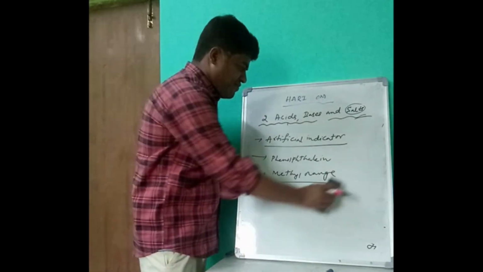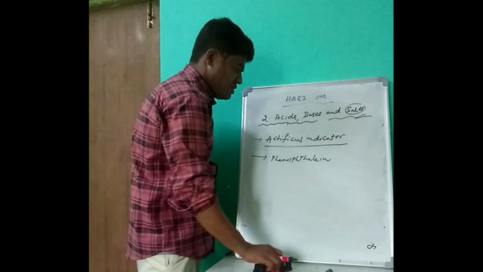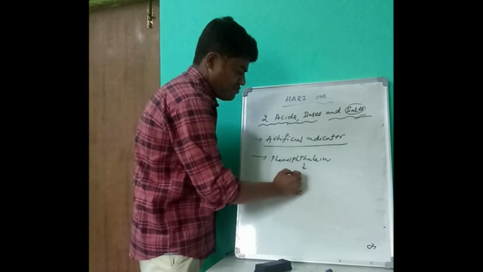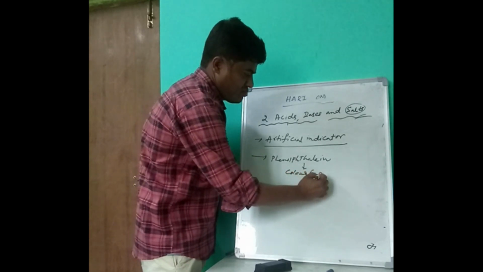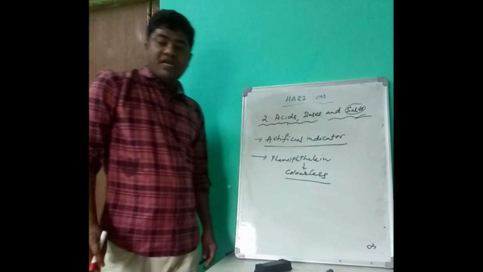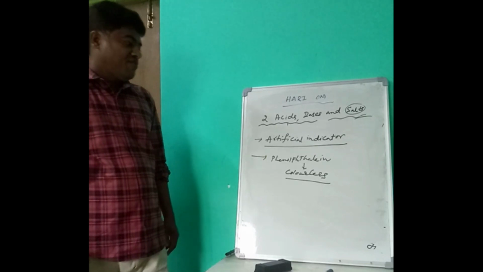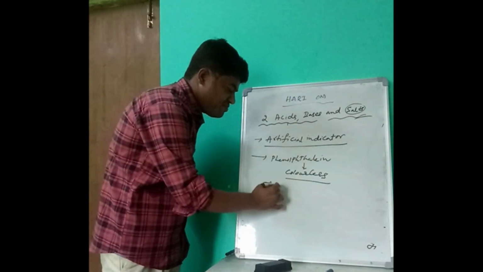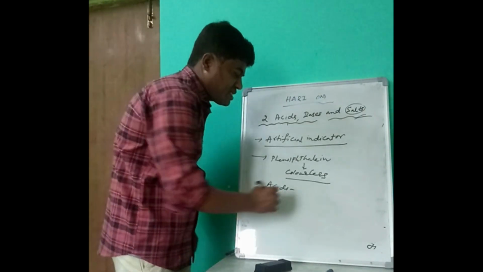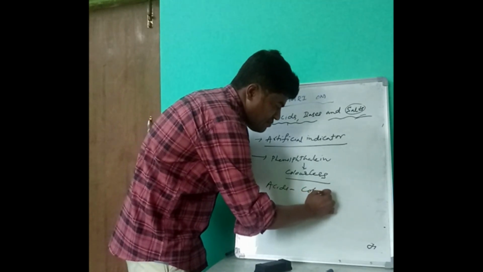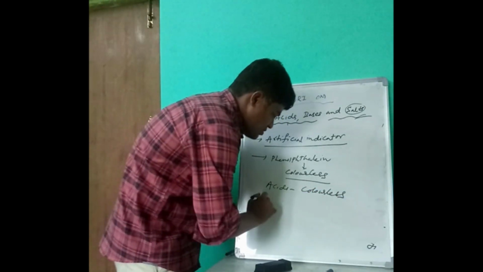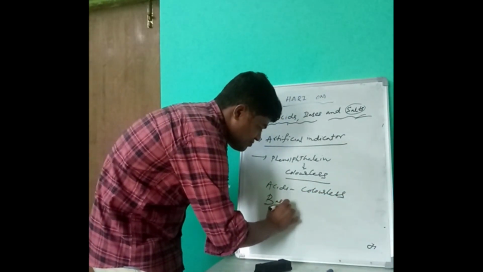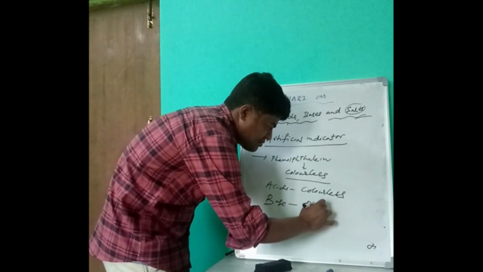If you see phenolphthalein, it is a colorless solution. It is colorless in acidic solution. When added to base, it is a pink color.